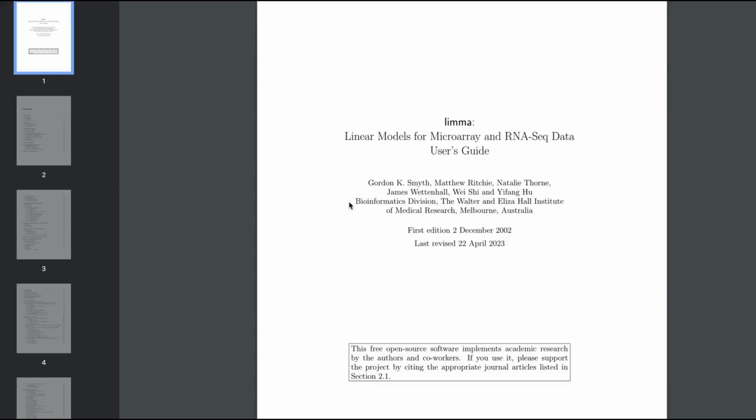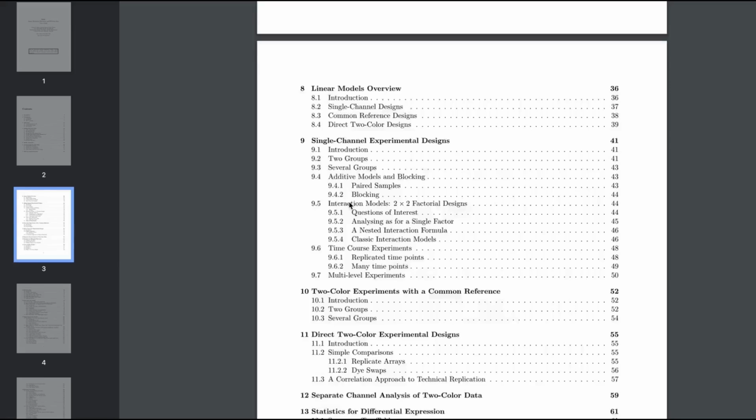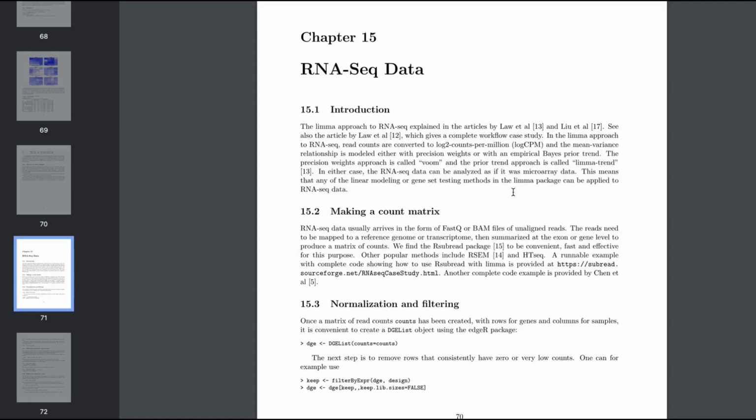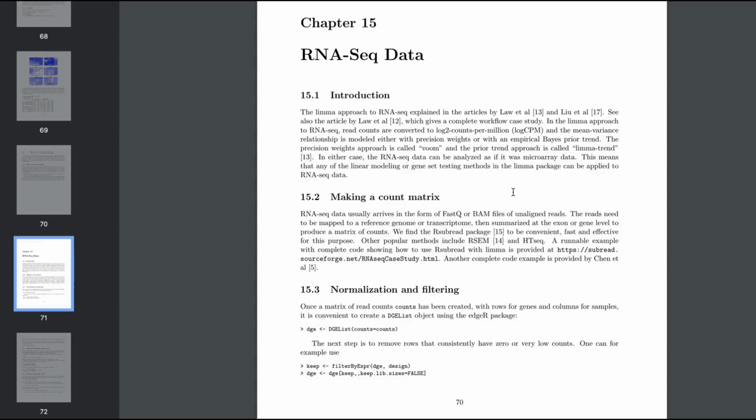It's a small part of the tutorial, you see, and if you come to this chapter, there are all nice words about limma and edgeR. They basically use the same concept, empirical Bayes is in both, and limma-trend is used, or voom. Voom is now for RNA-seq data, not microarrays.